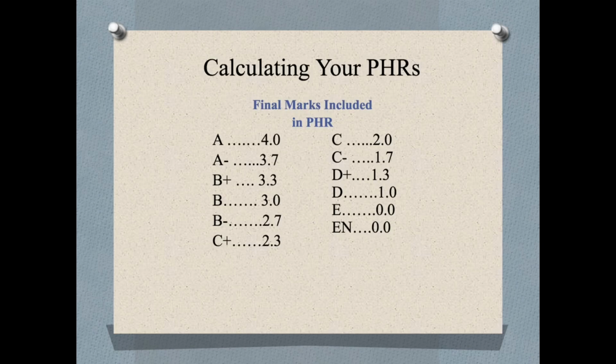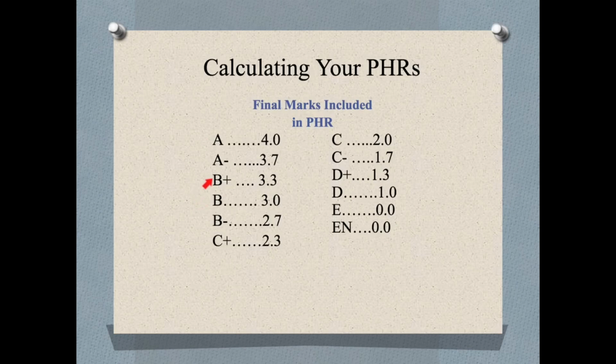Your eligibility point-hour ratio, or EPHR, has to be calculated by hand, and in order to do this you need to know how many points each grade is worth. As you can see, an A is worth 4 points, a B is worth 3 points, a C is worth 2 points, and so on. Also, if you get a plus or a minus grade, that will also affect how many points you get.